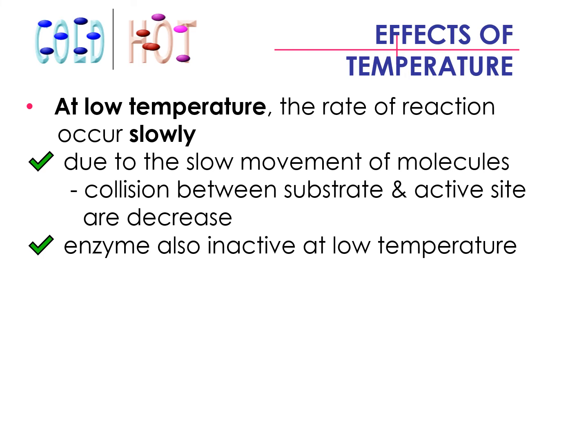Because why? At low temperature, the movement of the molecules is slow. So the collision between the substrate and the enzyme active sites is low. So an enzyme also is considered as inactive at a very low temperature.